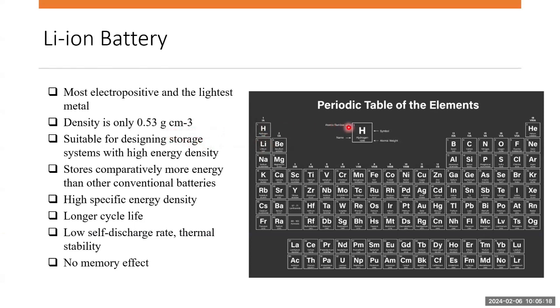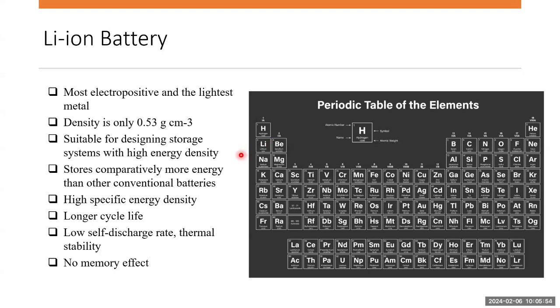So it's suitable for storage, and as you know, during charging and discharging, lithium ions pass through the membrane and go to the anode and cathode back and forth. So you need a very small and compact ion, and lithium ion can do this because it's very small in size, it has very high specific capacity, and it has a longer cycle life.